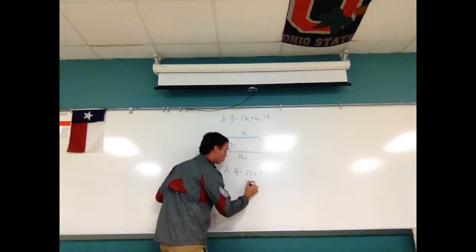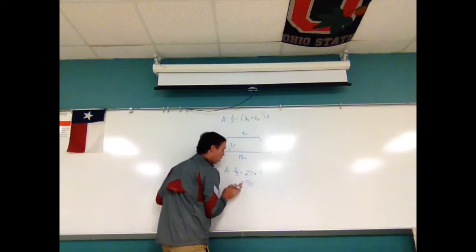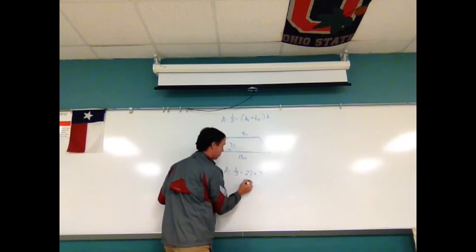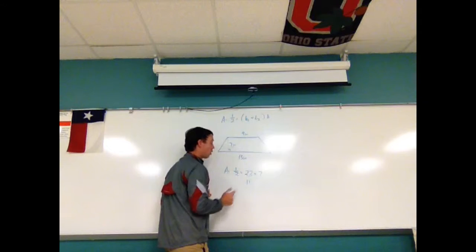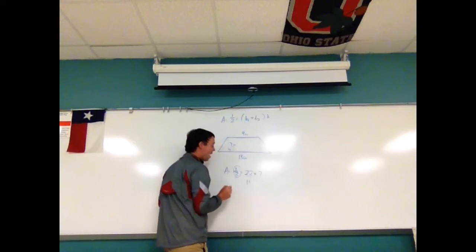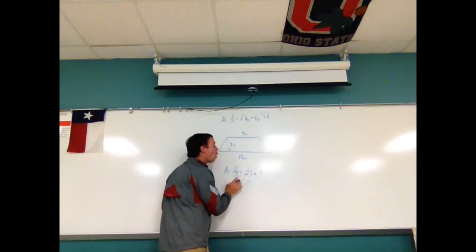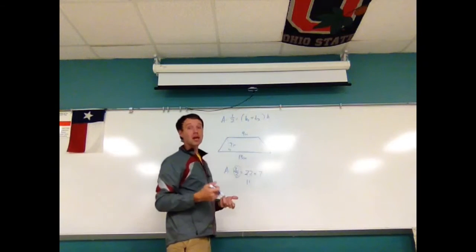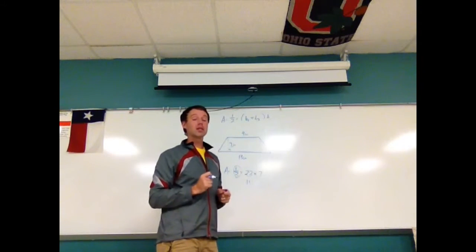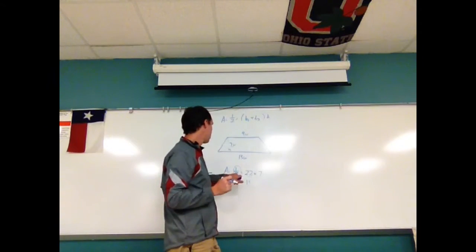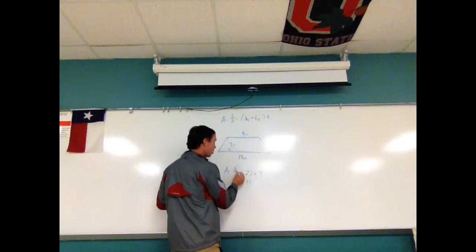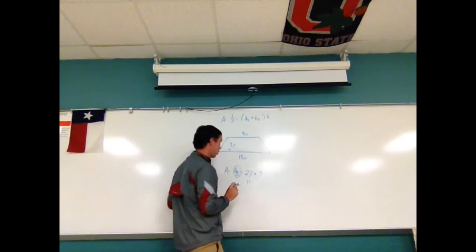And again, if you do 22 divided by 2, it's still going to give you an answer of 11. So once you use that 1/2, it doesn't matter if you do it at the beginning or at the end. Whenever you use that 1/2, that's when you finish. If you use it early, cross it out. You don't need to use it twice.